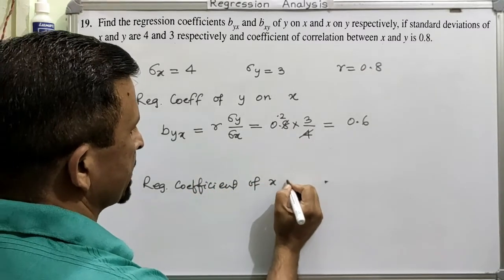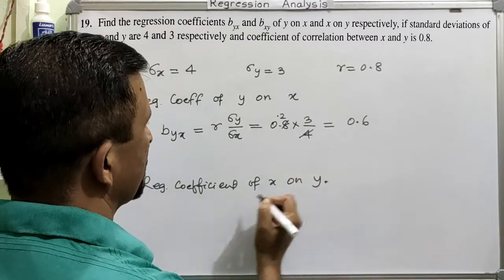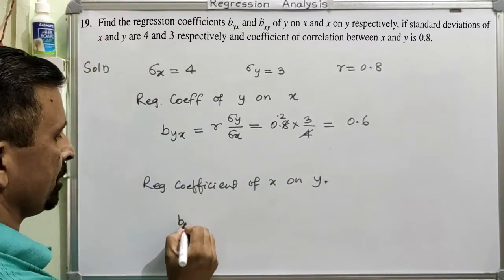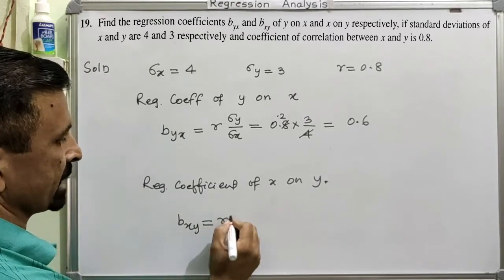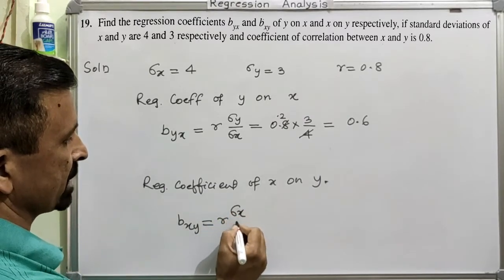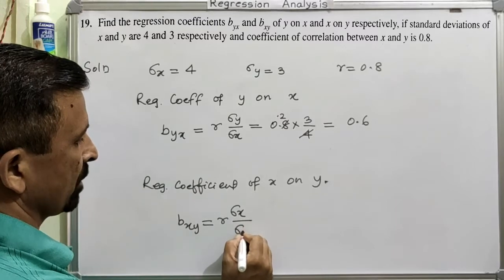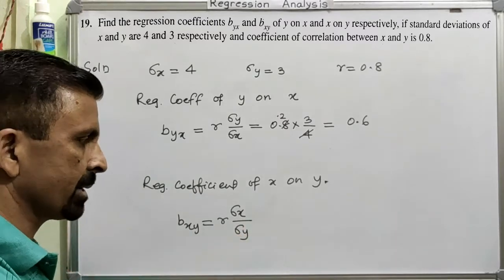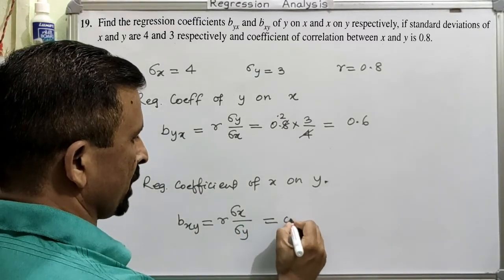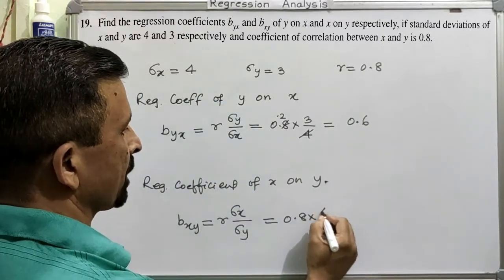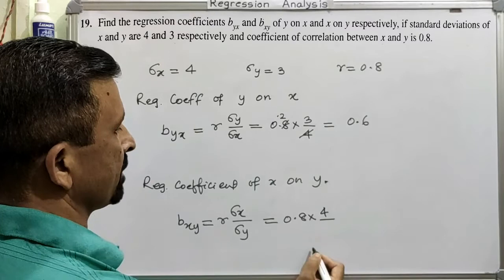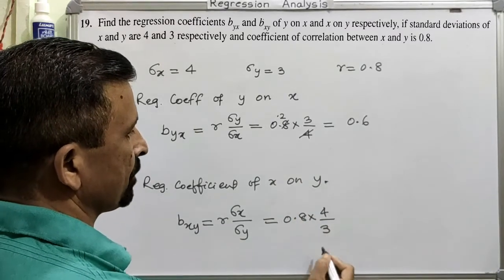of x on y. For this, the formula will be bxy is equal to r into sigma x divided by sigma y, because x is the numerator. Now put the values: 0.8, sigma x is 4, and sigma y is 3.